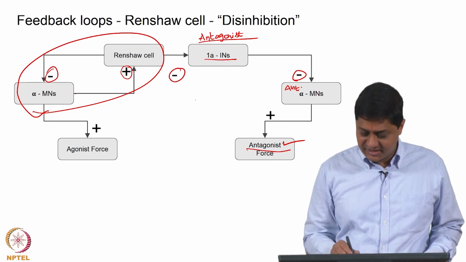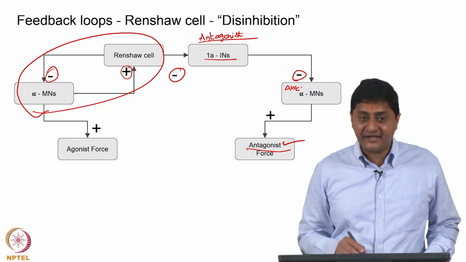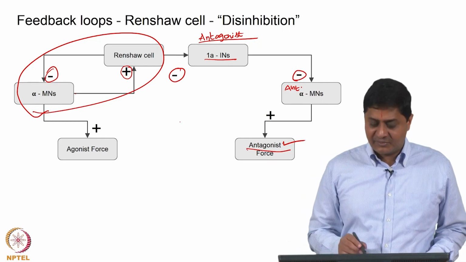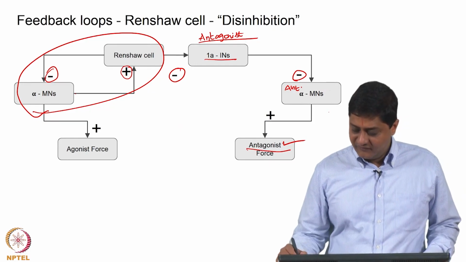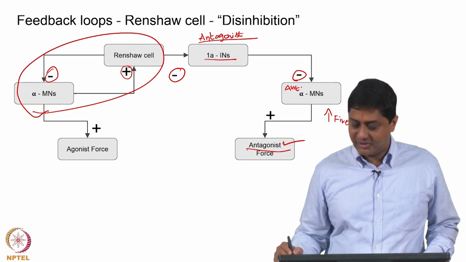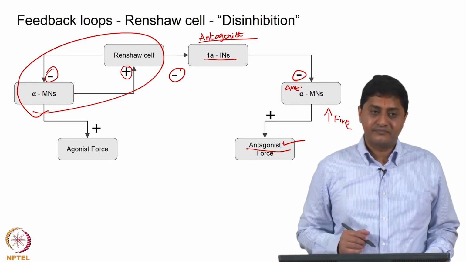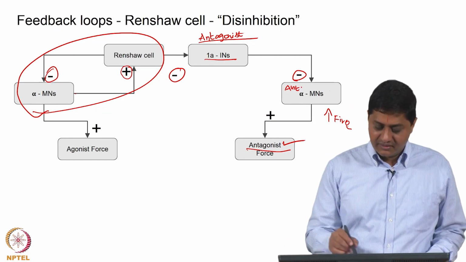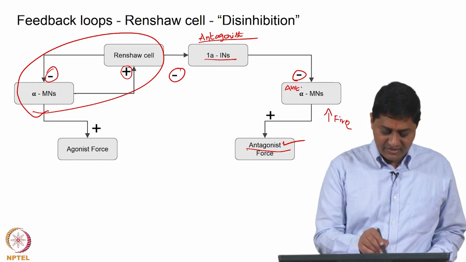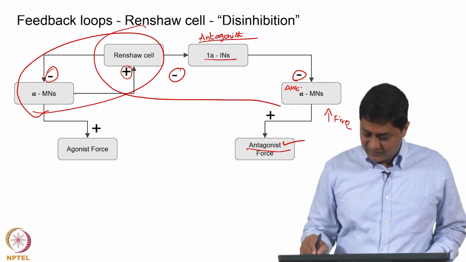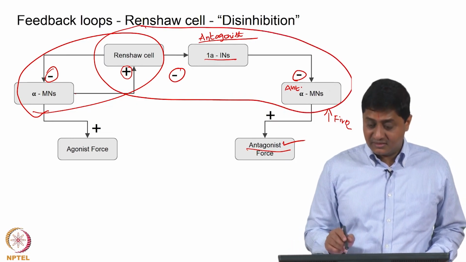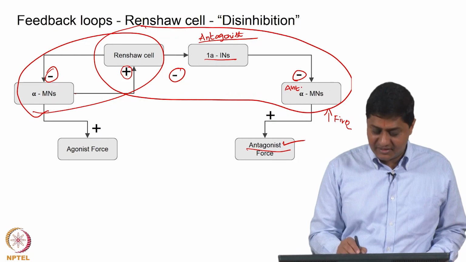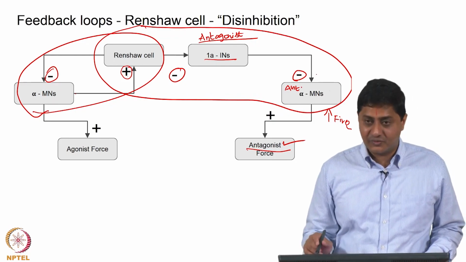So, that is minus into minus, plus, in other words effectively increasing the probability that this alpha motor neuronal pool will fire. Okay. So, what we have seen is there is one more loop that involves that. In this case this is negative, but it might appear as plus, minus into minus is plus, is what it would appear as.